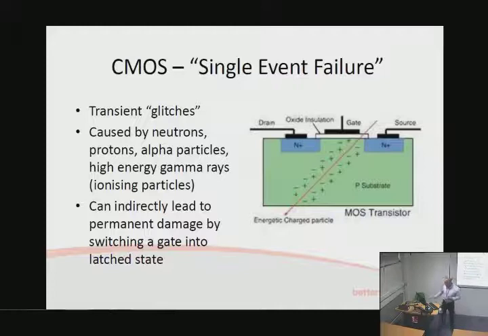So in this instance, we can accidentally cause a bunch of ions to form in the substrate of this CMOS device that composes our computer, and it might inadvertently switch on that gate. That can cause a glitch where a piece of data suddenly changes from a 0 to a 1, or worse than that, it can cause permanent damage to the device by switching two gates on simultaneously. It shouldn't be, and causing permanent damage to the gate or something like that.